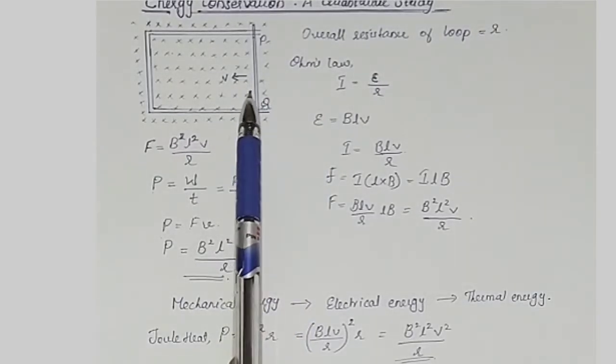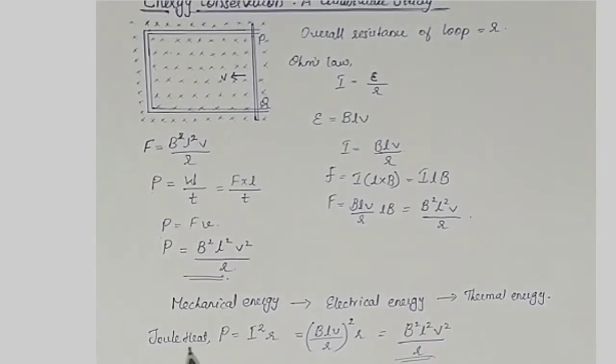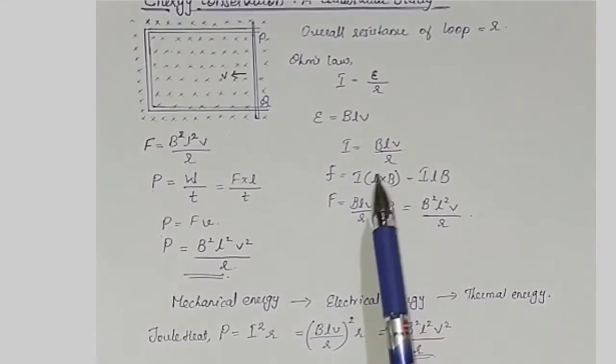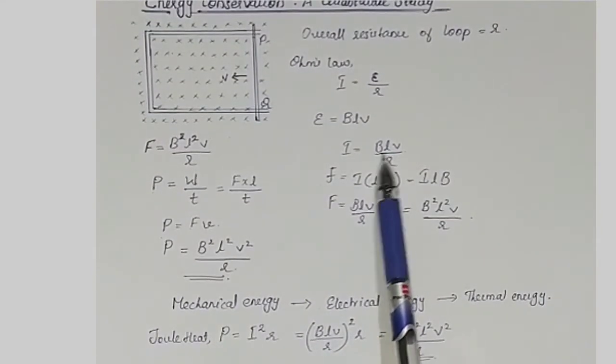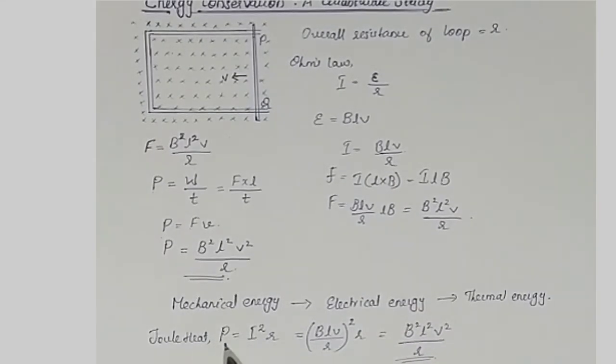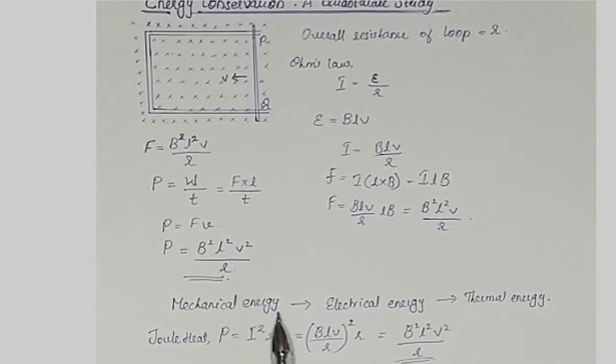If we analyze the joule heat produced here, it is given by P = I squared R, and we obtained the current I as BLV by R. Putting this value in, we get the power as B squared L squared V squared by R, which is the same as the expression of power due to mechanical energy.